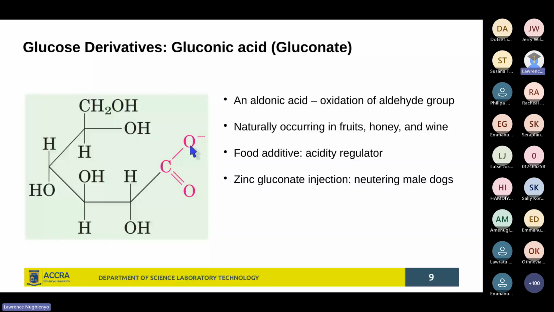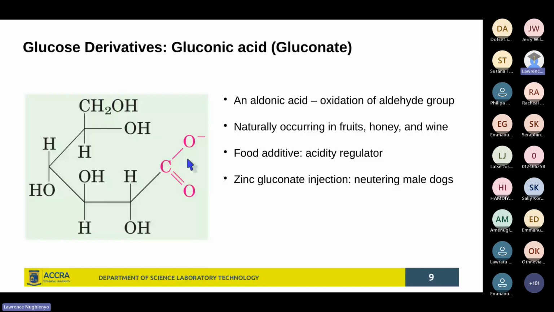In place of that OH group, you should be having a hydrogen. That is the original glucose molecule. There's a hydrogen there, so that you have an aldehyde group. So you see it's an oxidation of that aldehyde group to give you a carboxylic acid group there. And because of that, we refer to it as an aldonic acid.